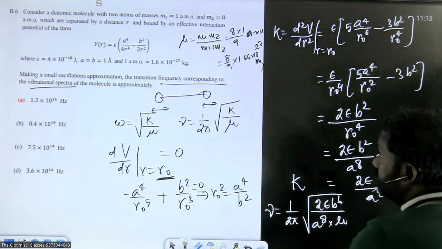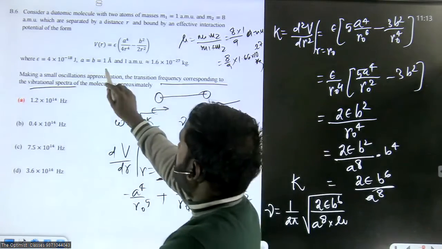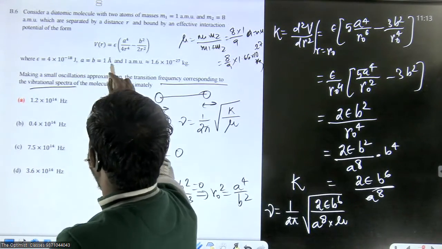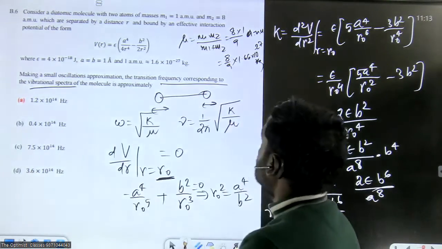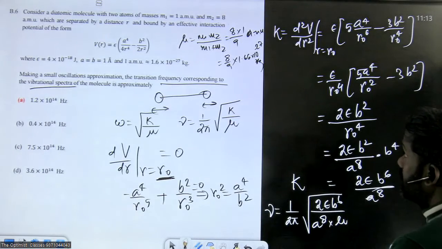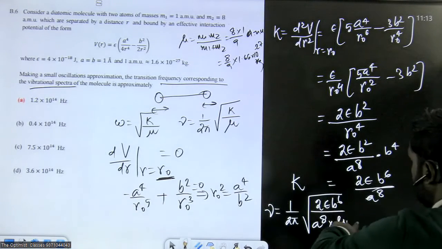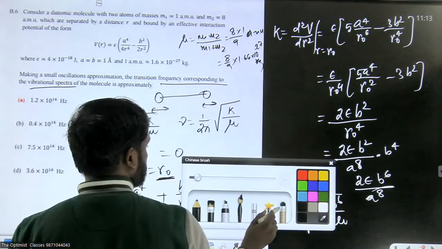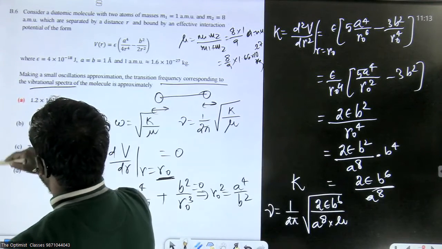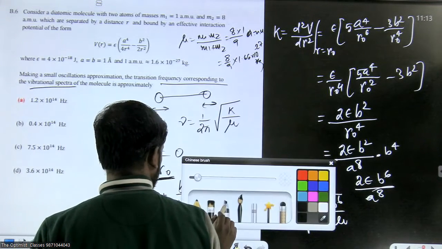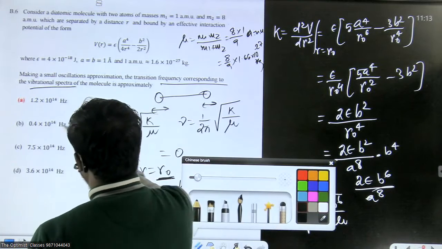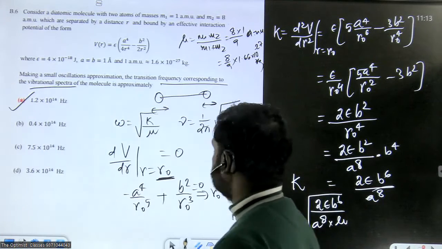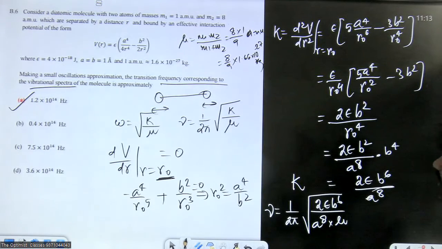Now you have everything given here. a is given, epsilon is given, a and b are given, and the reduced mass mu is given. You just put everything in and you will get the answer. The correct option you can check will come out to be this much. I have done this calculation.